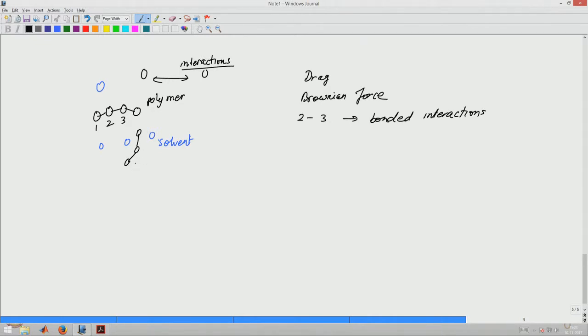and let us number those as 1 dash, 2 dash, 3 dash. Then the interaction between 2 dash and 3, between this particle and this particle of the other molecule, will be a non bonded interaction.